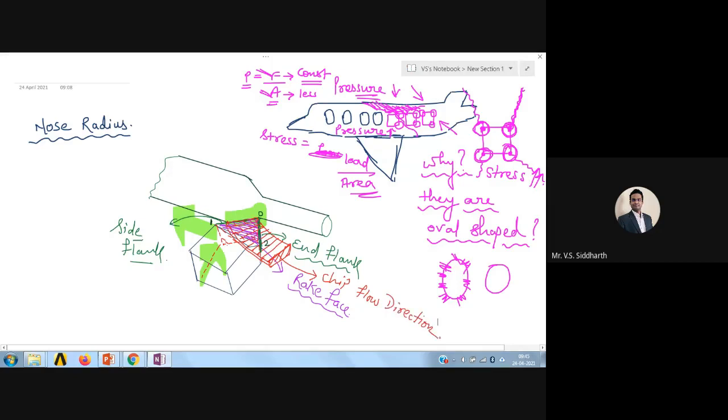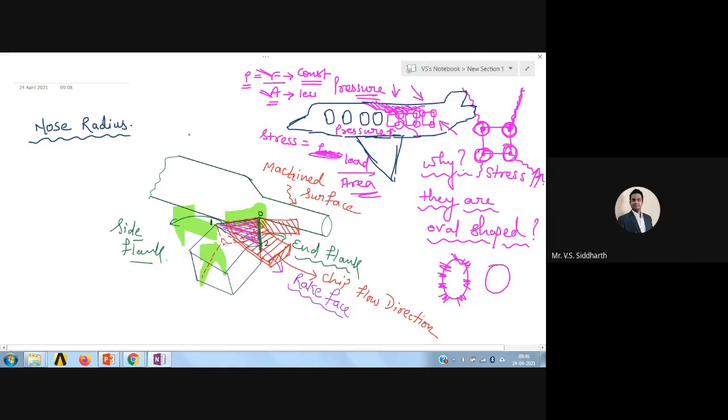Now, what will happen if the chip flows in this direction instead, towards the machined surface? One thing I forgot to tell, this surface is known as machined surface.